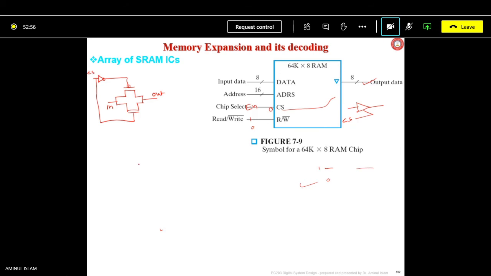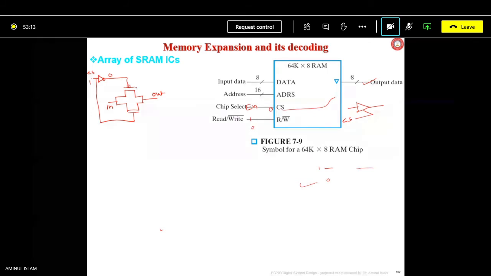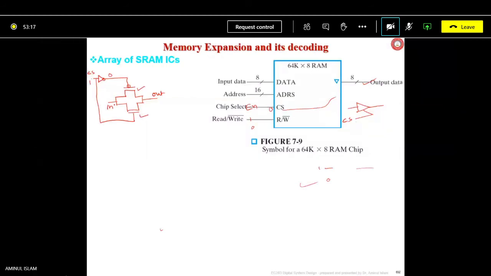When CS goes high, this is CS equals 1. This is 0, or not? Yes, 0. So the PMOS is on because its gate is 0. Yes or no? Yes, sir. NMOS is also on. So it is a kind of switch, called a transmission gate. The switch is on.